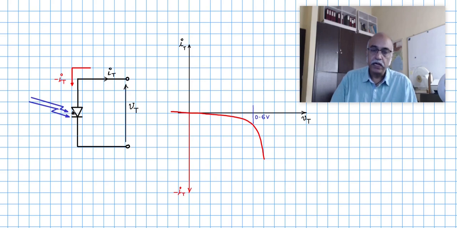The photon energy packets are given to the electrons, and the electrons will rise from the valence to the conduction band and then start flowing in the conductors.